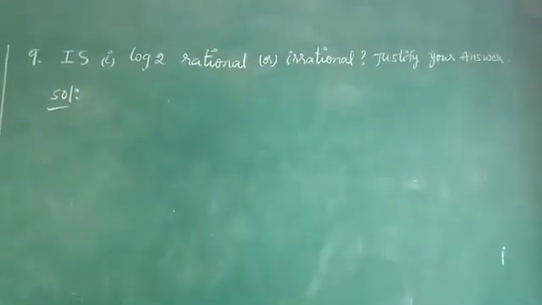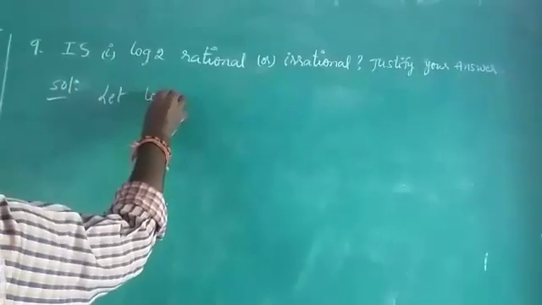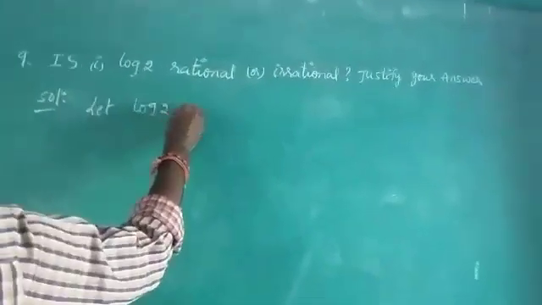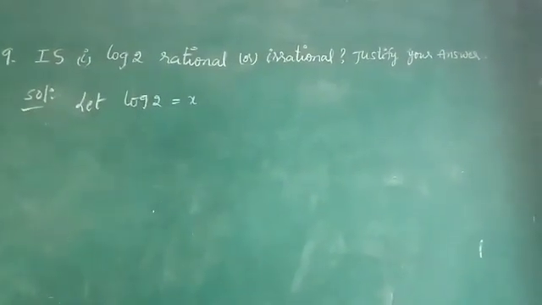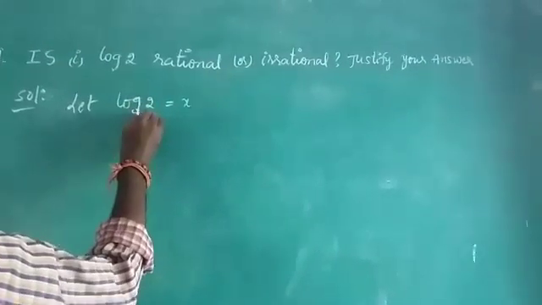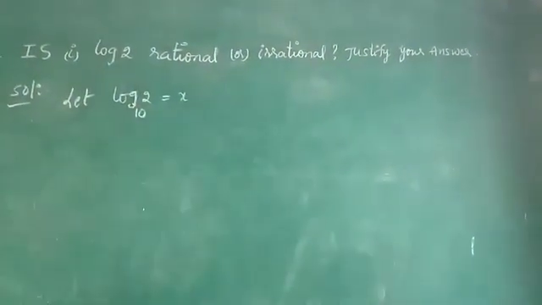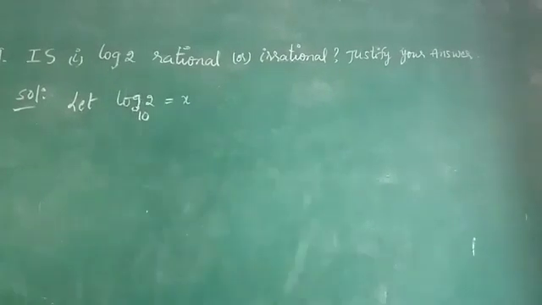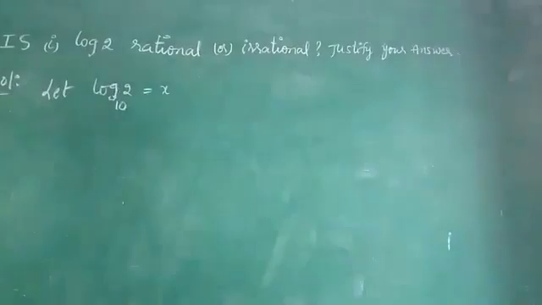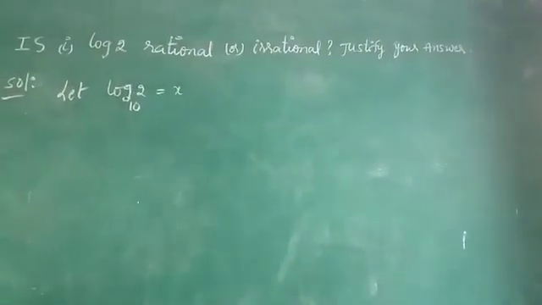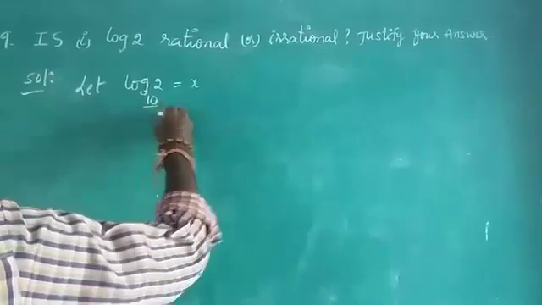See, the value we don't know, right? Let log 2 value I am taking as x. I told you clearly in the beginning that if you do not have any base, you need to consider it as base 10. So log 2 to base 10 is equal to x. This value we don't know, right? Now what I am doing is transposing this base 10 log to this side.